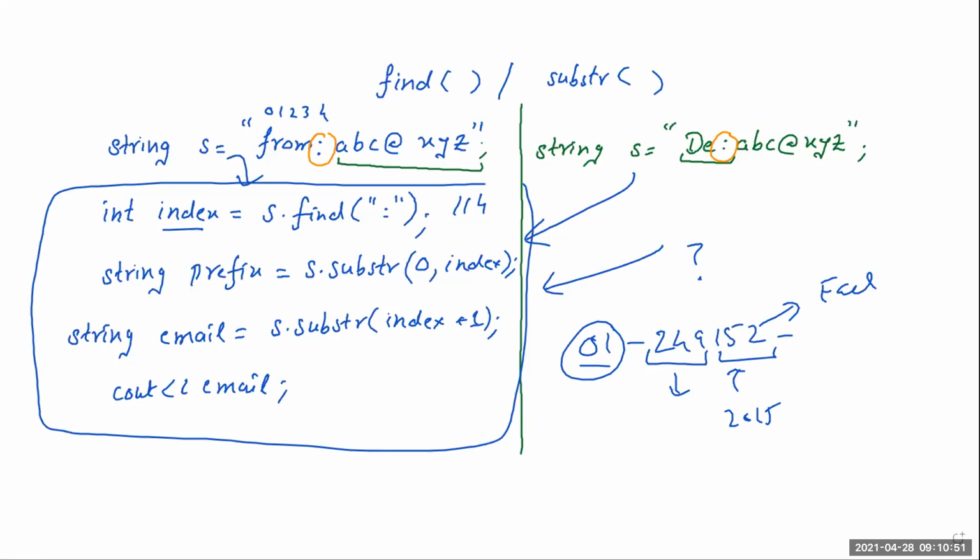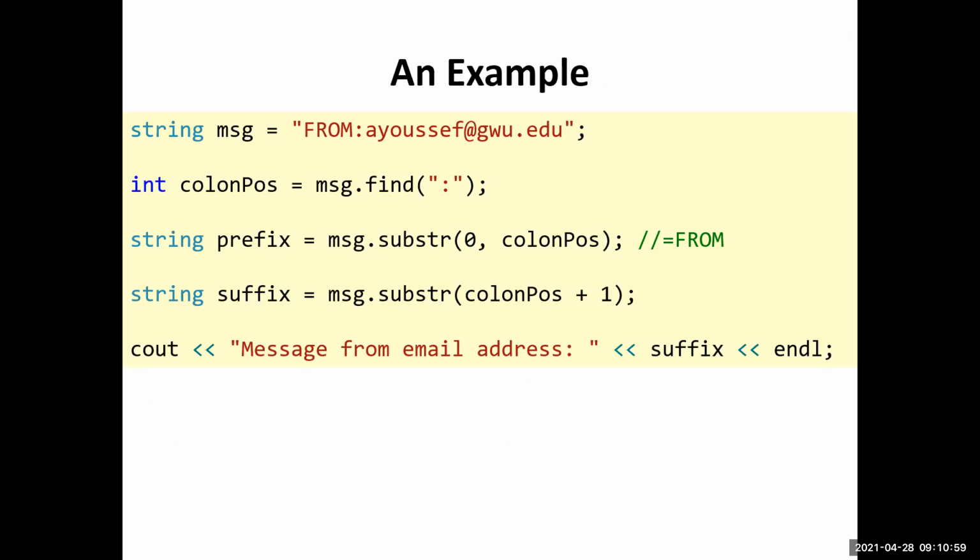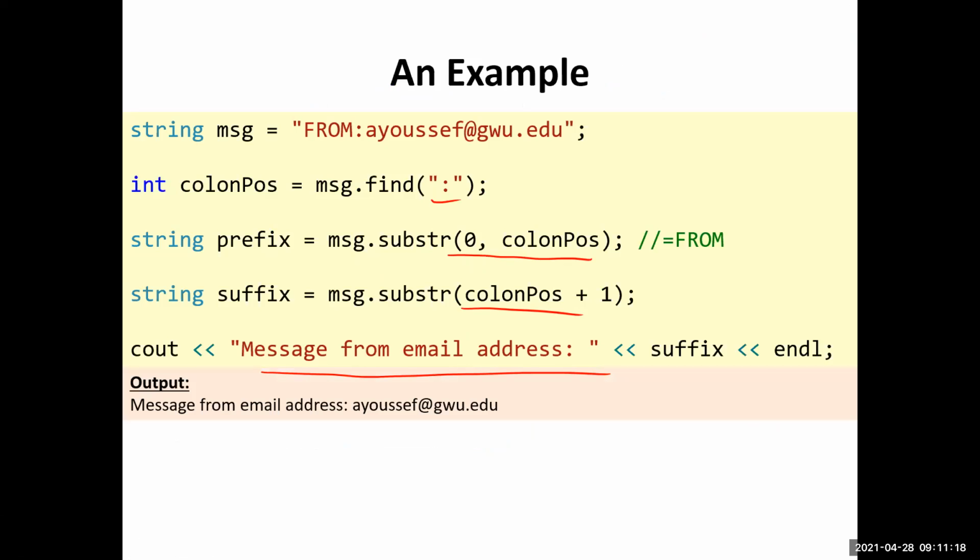So this is a very simple function, find and substring, but helping us solve very useful problems, right? This is the same application, the same program, which you can see on the slide, which we made. Find the position of the colon, pick everything on the left of the colon, pick everything on the right of the colon. So you have basically extracted the email address from this particular string using find and substring, right?